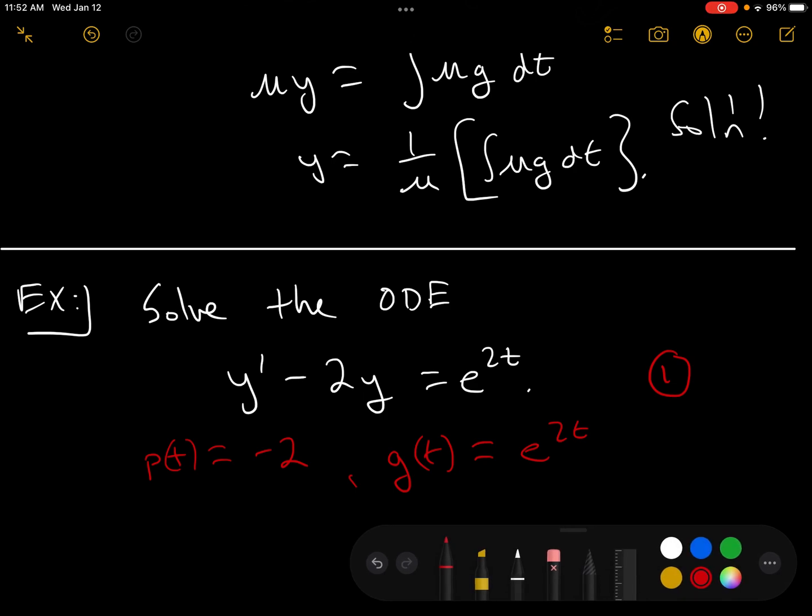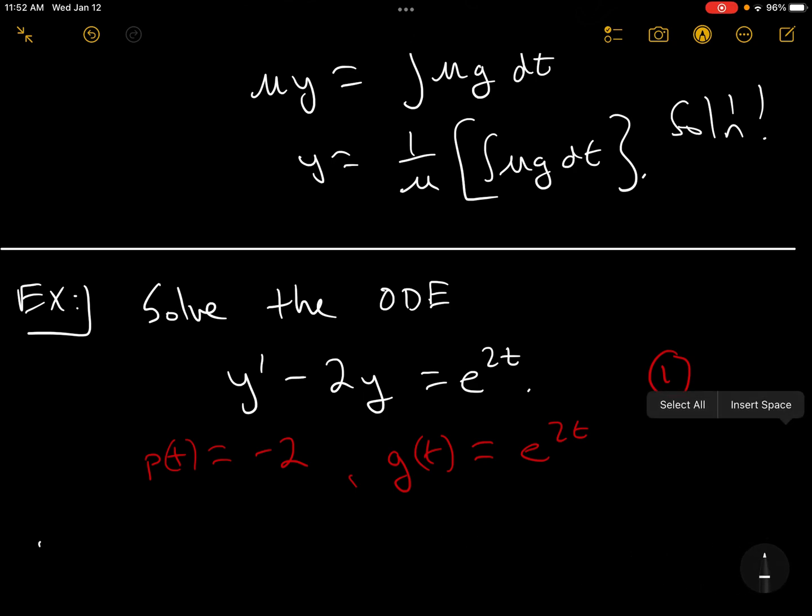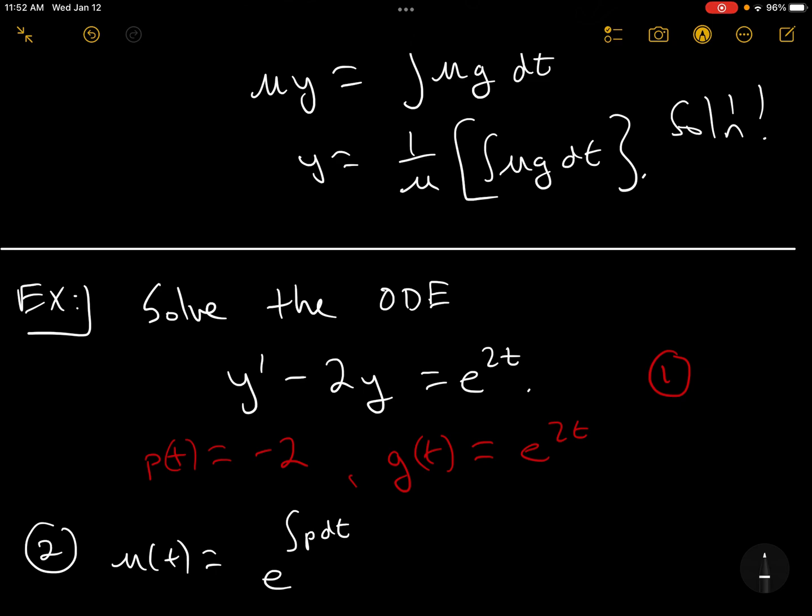Okay. So it's already in standard form, so step 2. So mu of t equals e raised to the integral of p dt, which is e to the integral of -2 dt, which is e to the -2t. That's our mu.